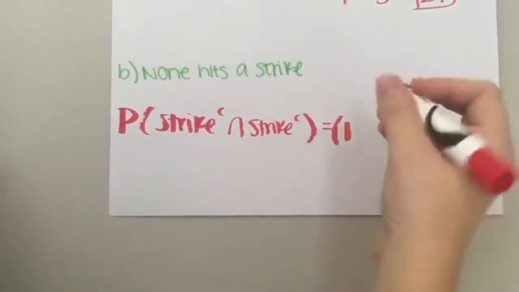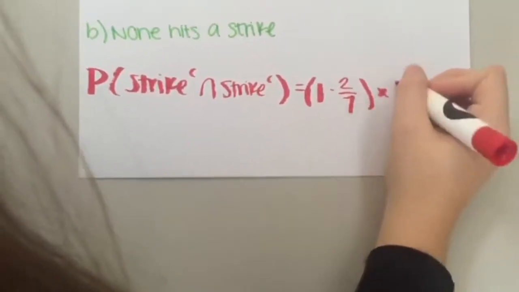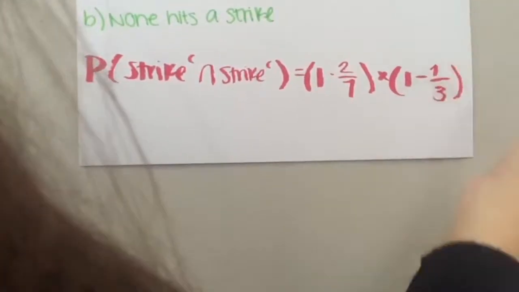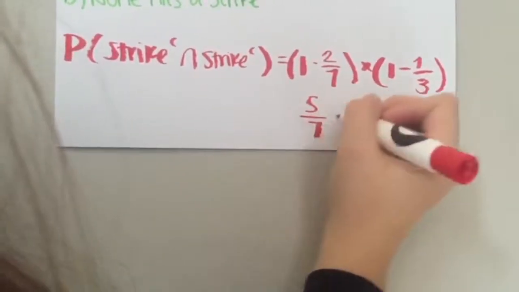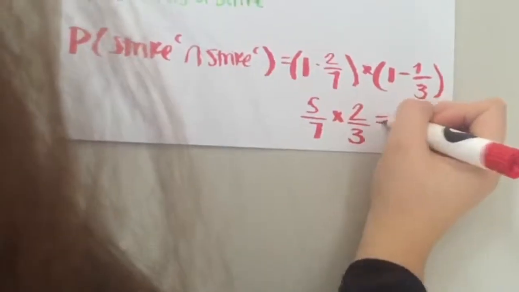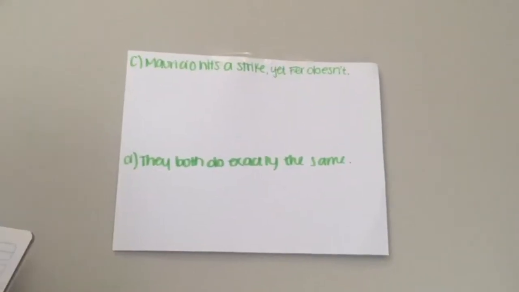So it will be 1 minus 2 out of 7 times 1 minus 1/3. This will be 5 out of 7 times 2/3 equals 10 out of 21.